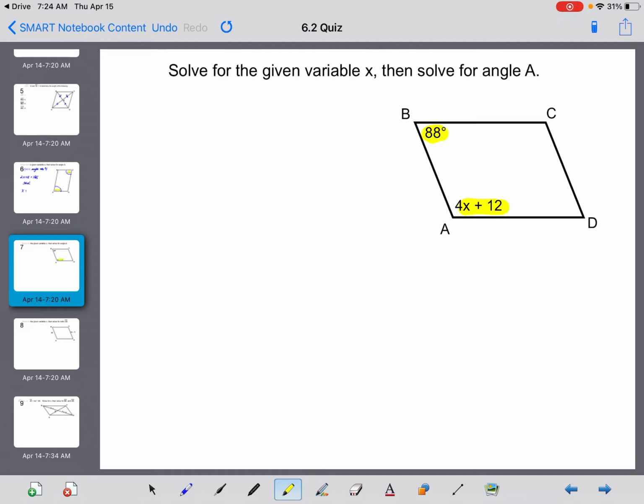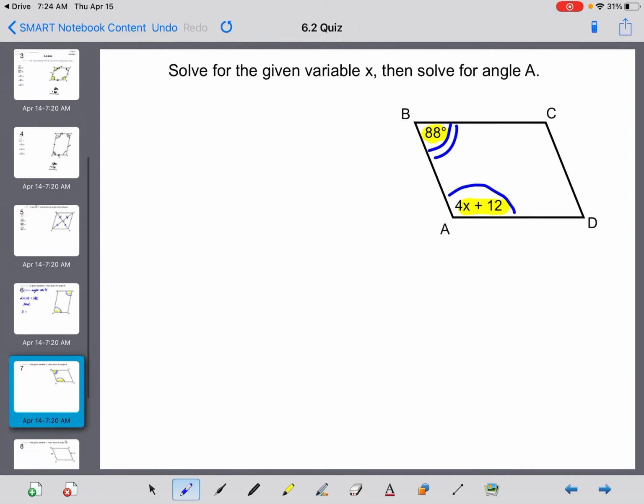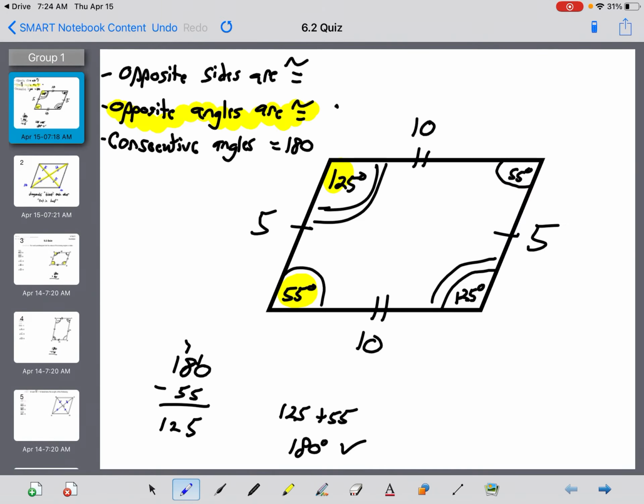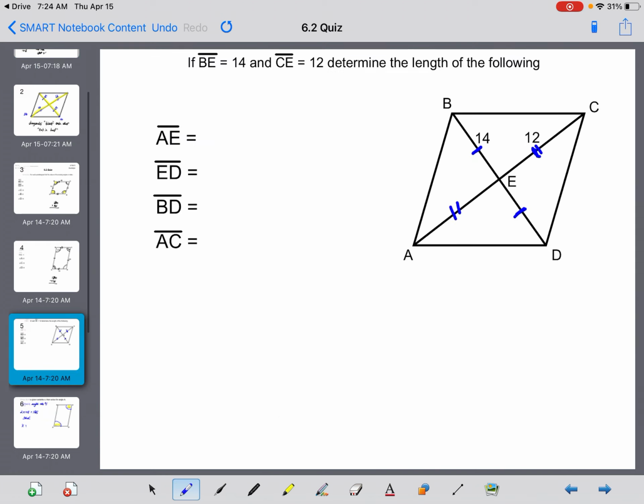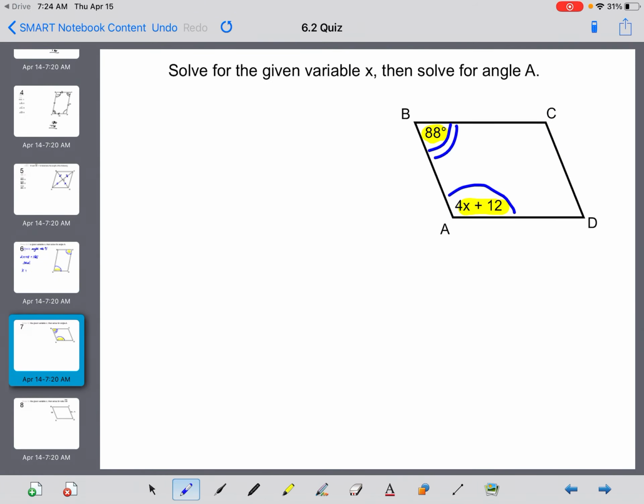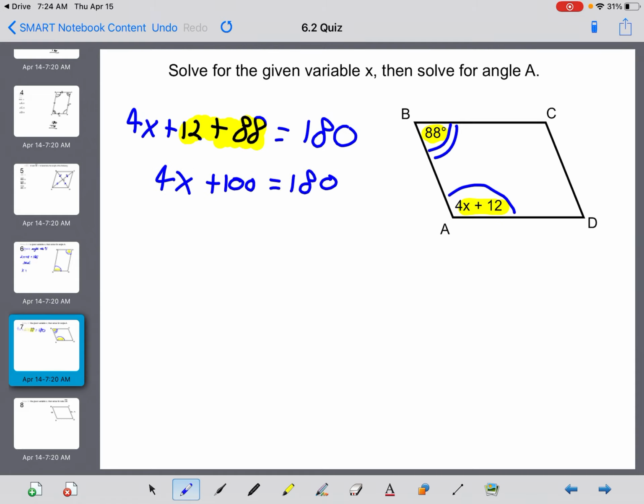Now, for your next example, you have angle A and angle B. Well, these are not opposite each other, so they're not equal to each other. But consecutive angles, right here, consecutive angles equal 180. So if I go back, we have our consecutive angles. We have 4x plus 12 plus 88 equals, and we just said they equal 180. You have like terms right here, 12 plus 88, which is really 100. So 4x plus 100 equals 180. Again, solve here. This is a two-step equation.